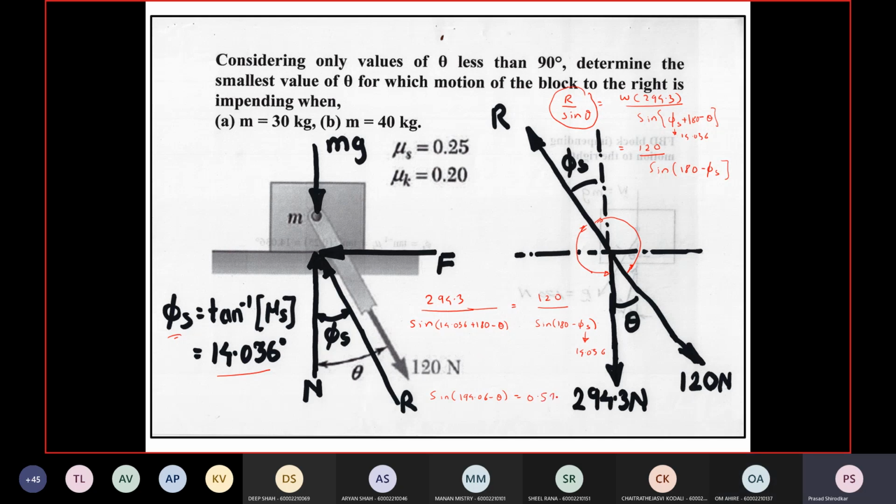Now find out the value of theta. 157.6. Okay, so you are getting 157.